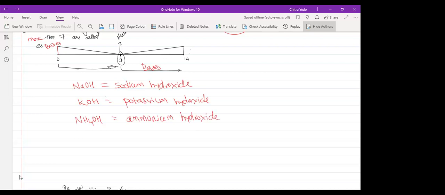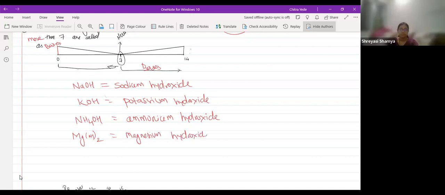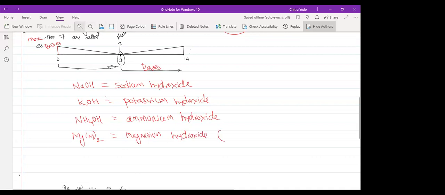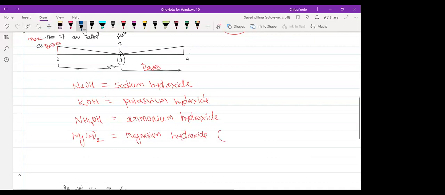Then Mg(OH)2, magnesium hydroxide, also called milk of magnesia.